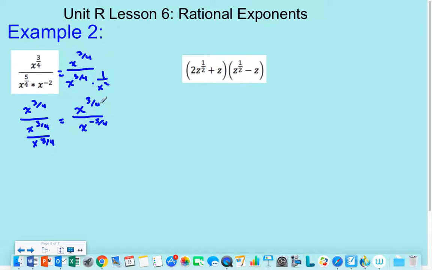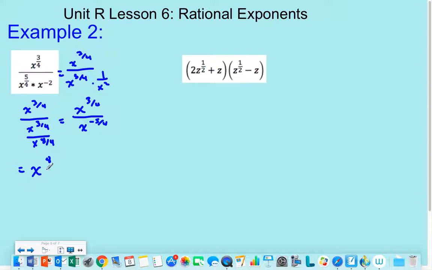If I'm subtracting them, well, then I've got the same denominator, and I need that before I subtract, and so we're going to say x, and then 3 minus negative 5 would be like 3 plus 5, which is 8.